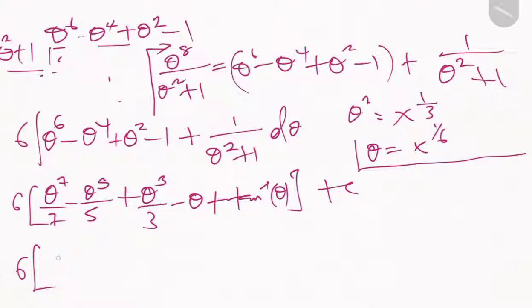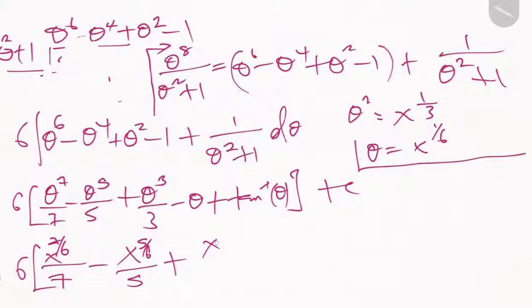So if you plug it in here, there you have x raised to the power 7 over 6, then over 7, minus theta raised to the power 5 now. So you have x raised to the power 1 over 3, then everything raised to the power 5, and further is just 5 over 6, then over 5, plus theta raised to the power 3.